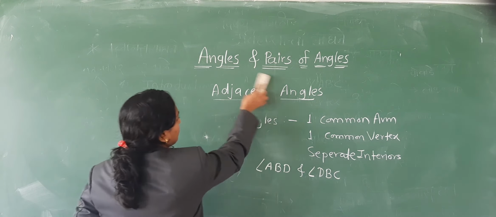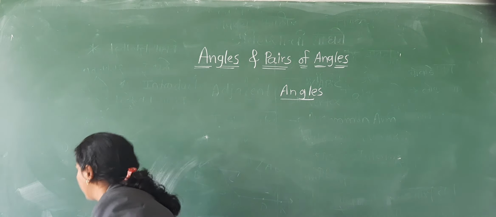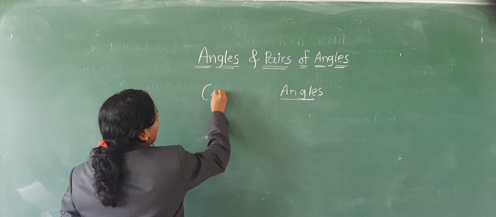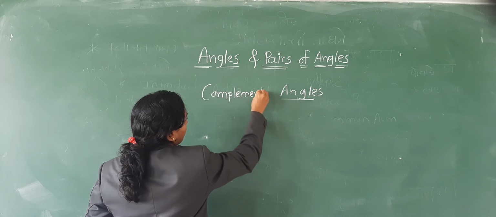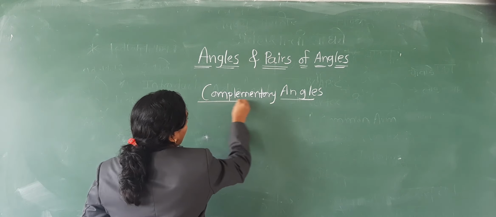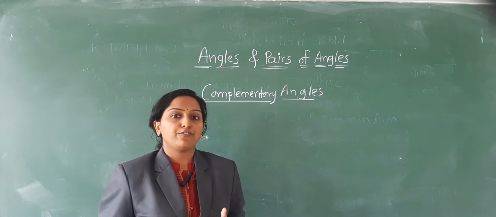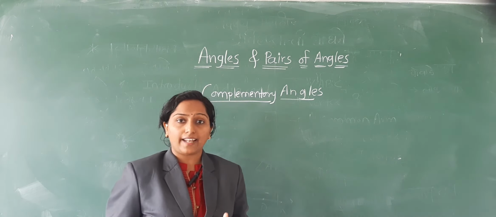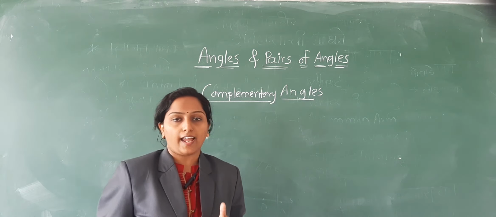Now we will see the next concept, that is complementary angles. The definition is that if two angles have a sum of 90 degrees, at that time the two angles can be said to be complementary angles.